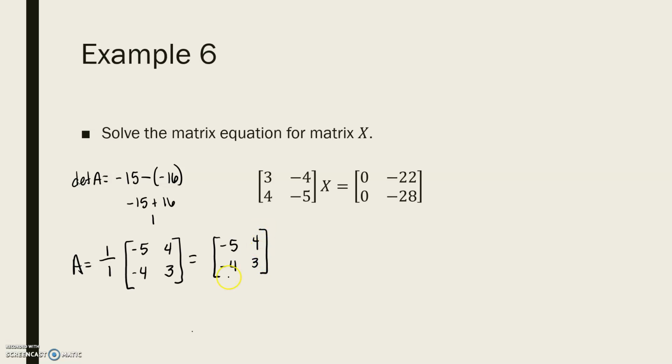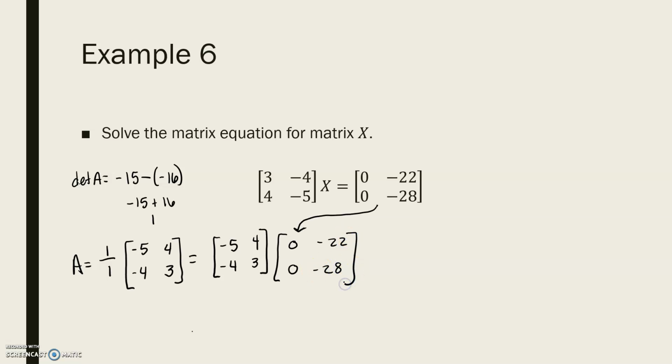Now I can take this and multiply it, but remember, the order matters. You can either think of it as putting this in front of the matrix, or you can think of it as I'm just going to bring this down here. That's usually what I do, but I wanted to show you on the last slide that it doesn't work to put it after. So we put 0, 0, -22, -28.